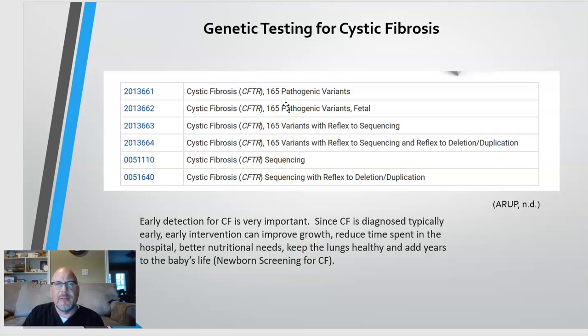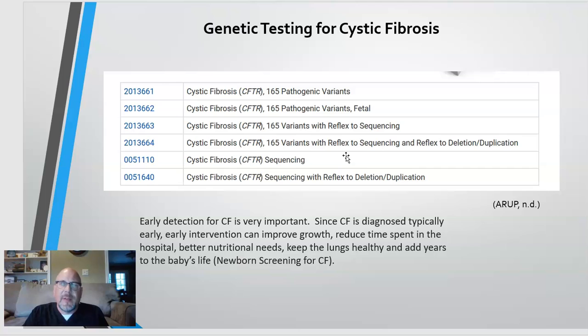There used to be like 32 variants. Now they're looking at like 165. So this is a very, very detailed screening, and they can look at whether or not some of these children are showing some of the more common or less common mutations for the disease.